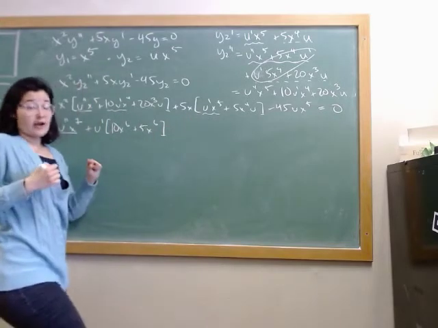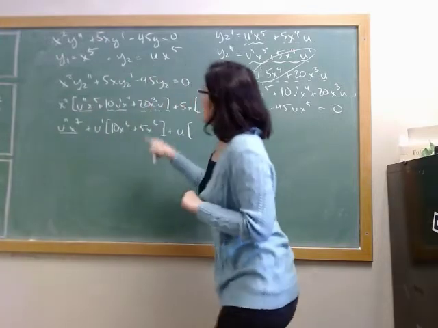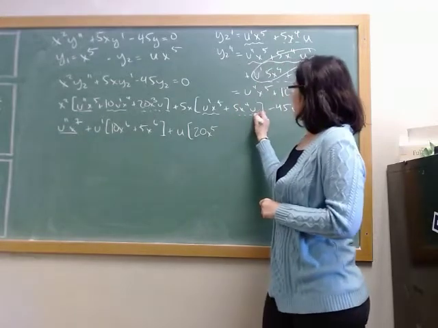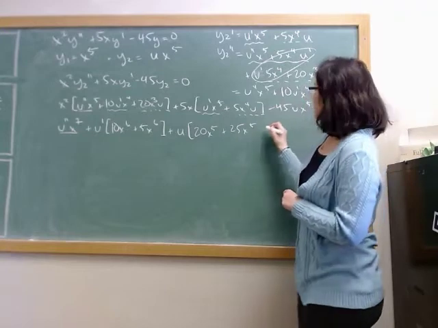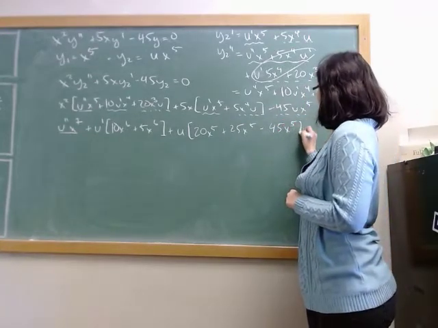And then no more u prime terms. And then I've got u times 20x to the 5th plus 25x to the 5th minus 45x to the 5th.